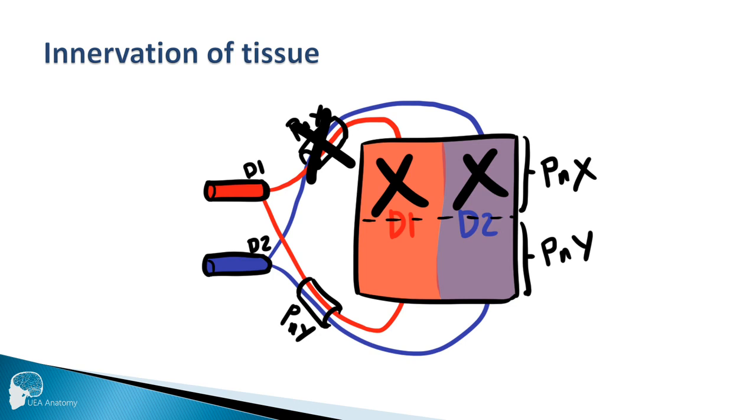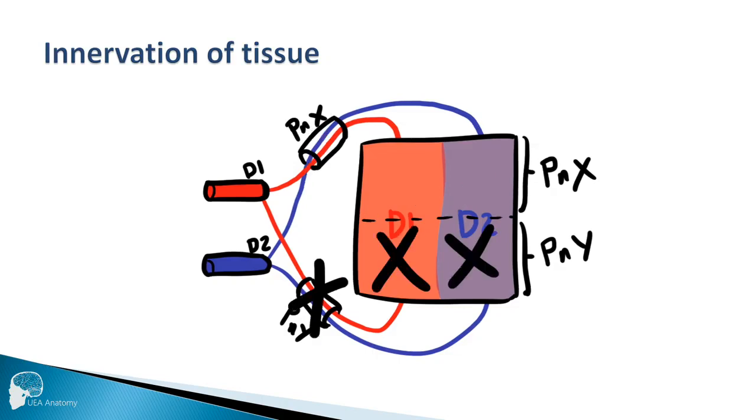If in peripheral nerve PNX, the upper half of the block of tissue would lose sensation and motor function. The last pattern of loss of function is if the peripheral nerve PNY is affected. Then the lower half of the block of tissue will lose sensation and motor function.